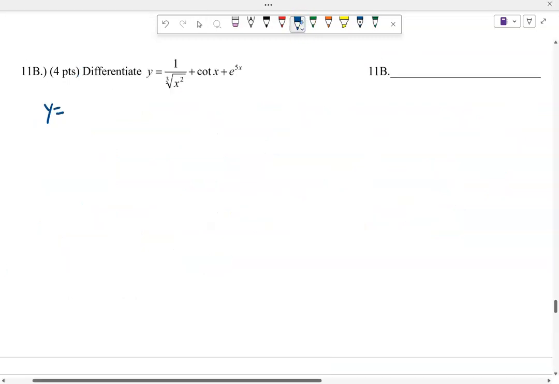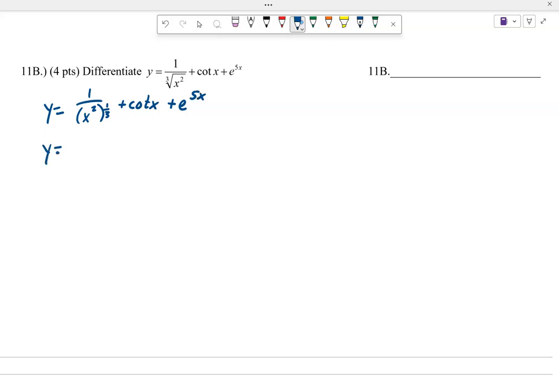All right, on this one, as I take this derivative, I'm thinking about this in exponential notation instead of radical notation. So I'm going to write it as x to the negative 2/3 before I run this derivative. So y prime, or dy/dx, would be negative 2/3 x to the negative 2/3 minus 1, so negative 2/3 minus 3/3 is negative 5/3, plus the derivative of the cotangent, which is negative cosecant squared x.